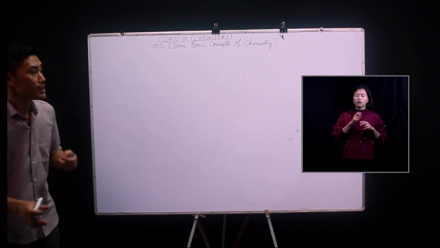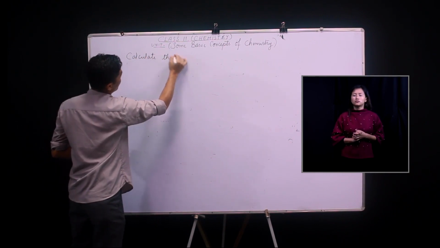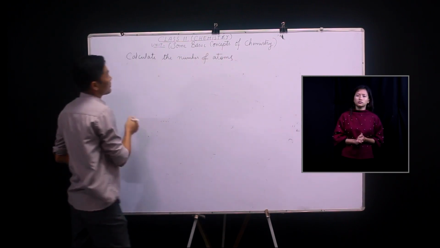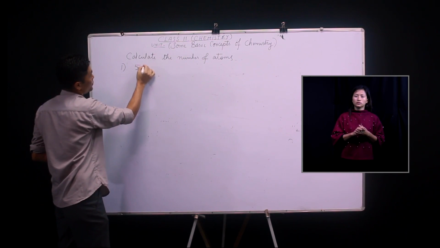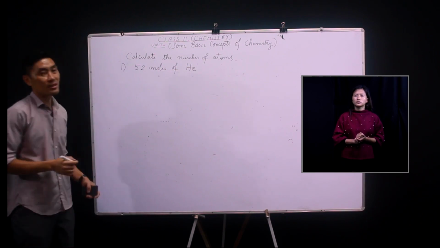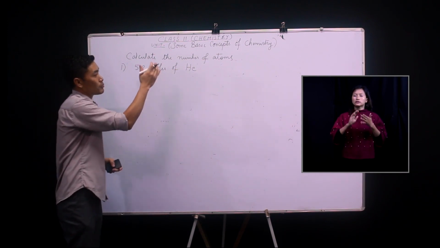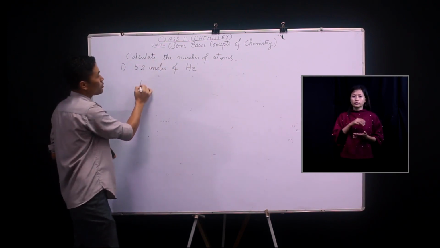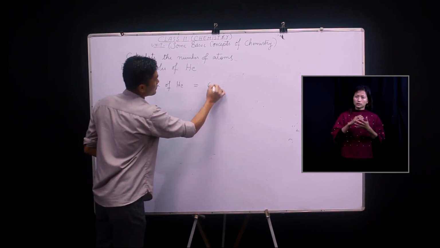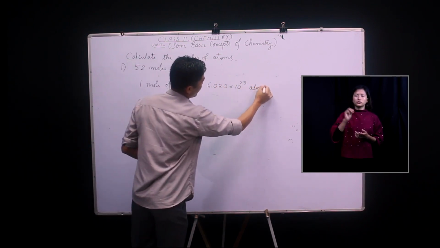If we are asked to calculate the number of atoms in 52 moles of helium, from what we have just learned, we know that 1 mole of helium will contain 6.022 into 10 to the power 23 atoms of helium.